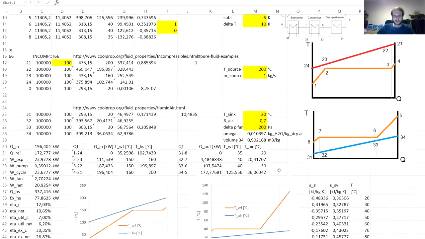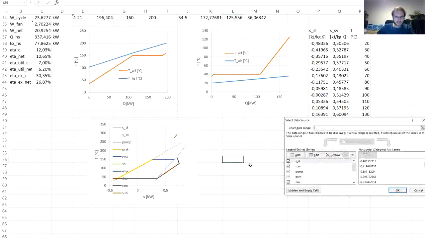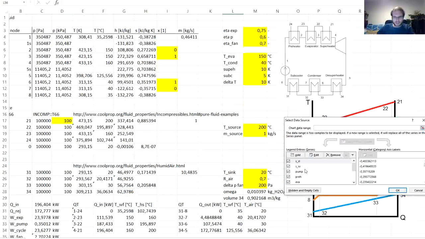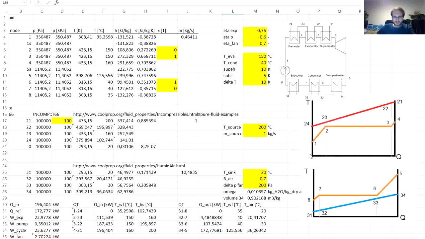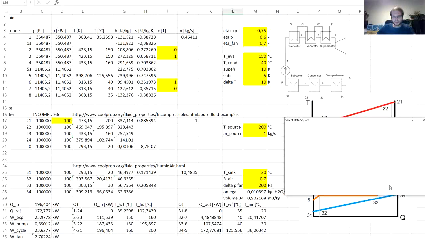So now let's see how it turned out. Well, something happened with the superheater. Let's just check. Yeah, I used enthalpy instead of temperatures, so the superheater 3 to 4 goes like this.